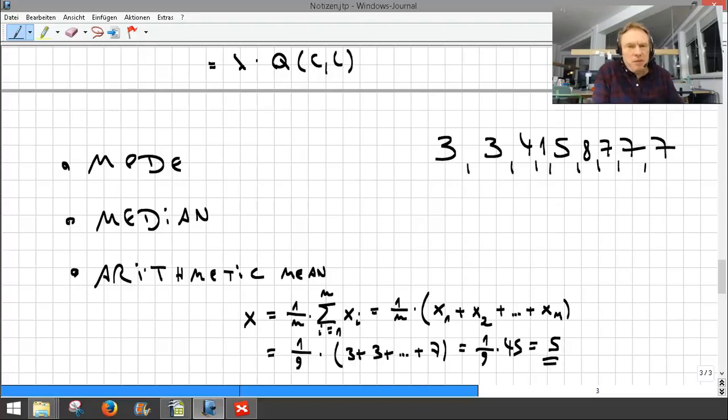So the arithmetic mean, the mean, to put it this way, of those numbers is 5. It is equal to 5.